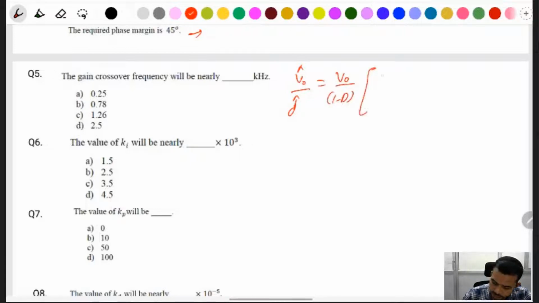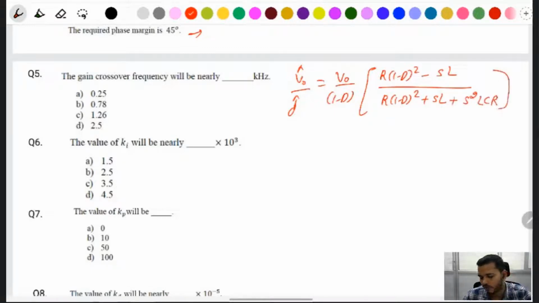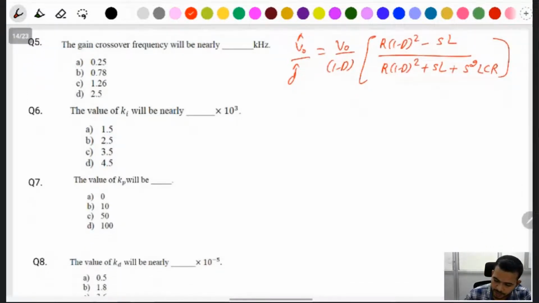To solve this, you find 1 minus d, R(1 minus D) square minus s L, divided by R(1 minus D) square plus sL, s square L C R. This is the transfer function of the boost converter, which is different from the buck converter and the buck-boost converter.